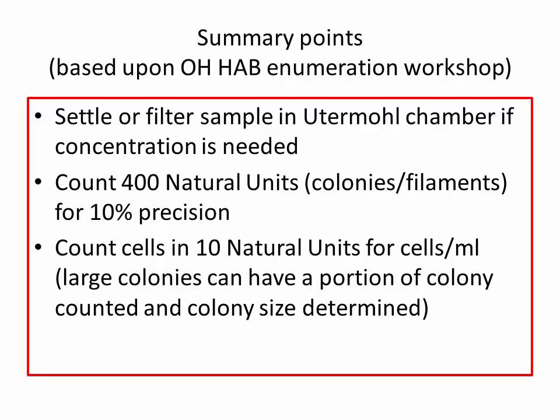So if you have to count a portion of the colony, now, how much of the portion of the colony? Is it 10% or 25%? I don't think we've settled on that, because I don't know. Again, being consistent, I would say you need to go counting 10 or 20% of the colony, and then you measure the size of that colony, and just estimate the total number of cells in that colony.